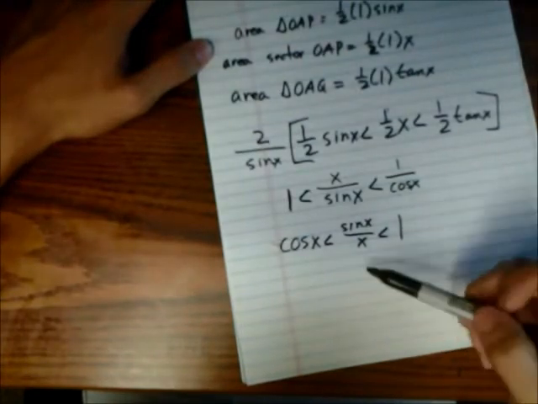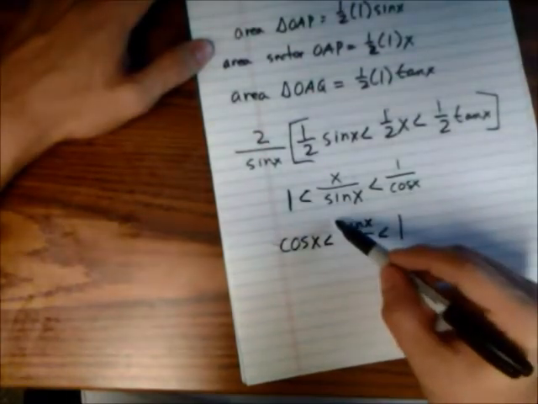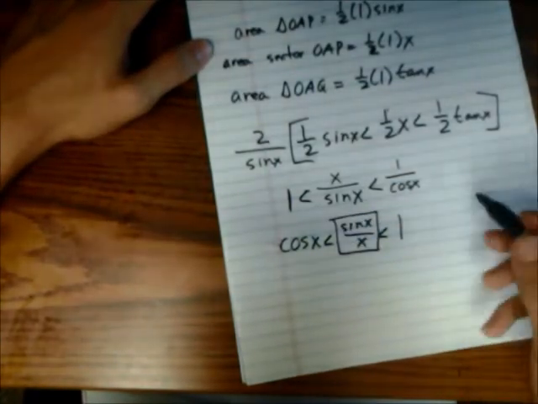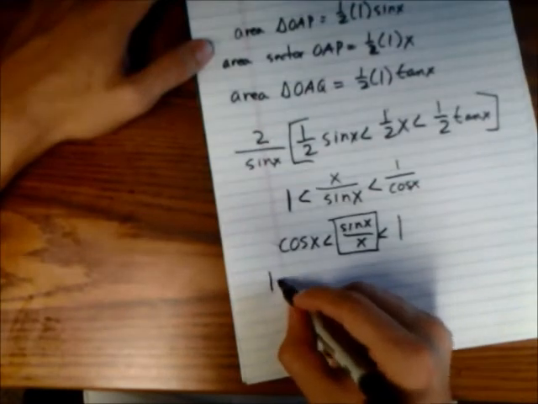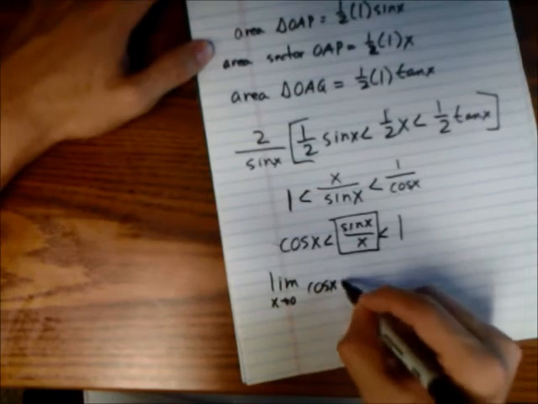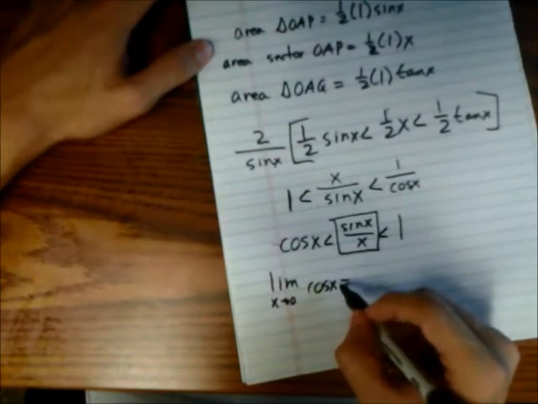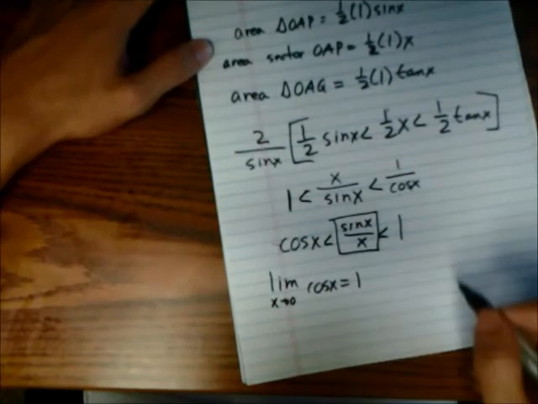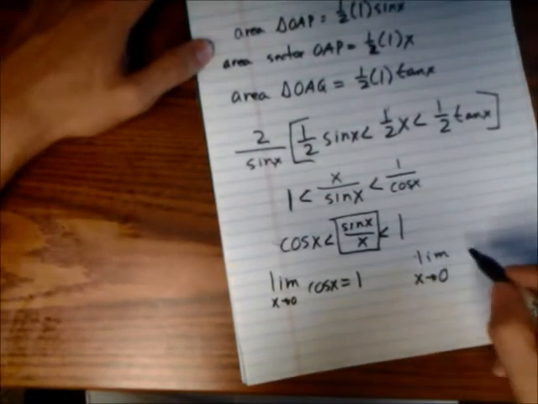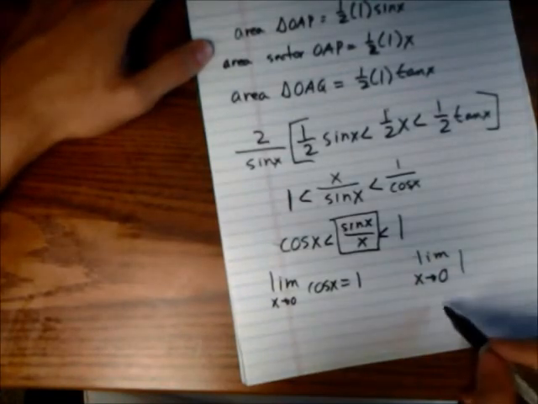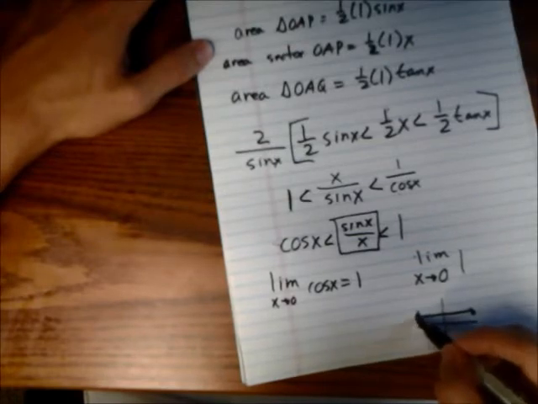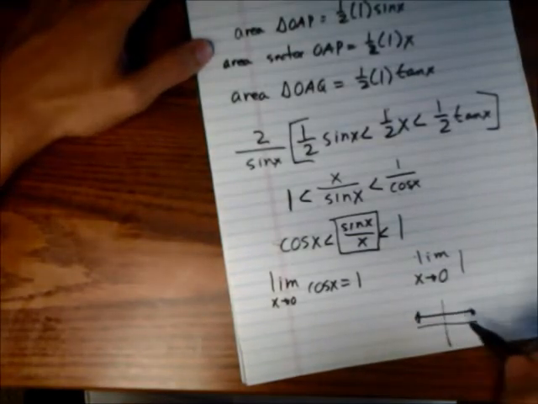Now what we use is something called the pinching rule, because we wanted to find what this limit was. We know that the limit as x goes to 0 of cosine of x, well, cosine of 0 equals 1. And the limit as x goes to 0 of 1, if I drew a small graph here with the line y equals 1, when x is 0, it's just going to equal 1.